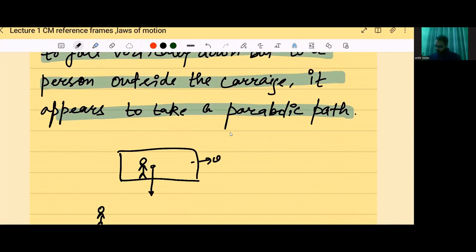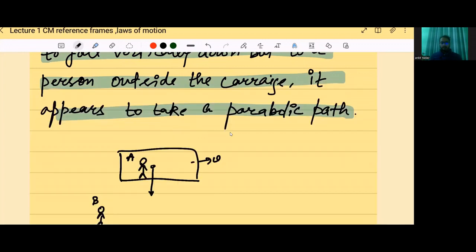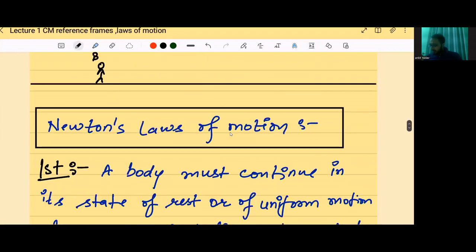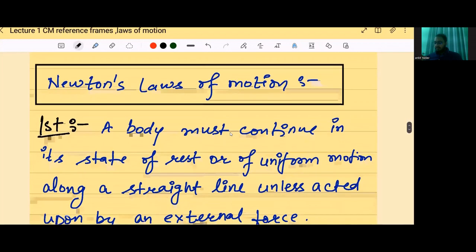If person A drops a ball, then the path of the ball will appear different to person A and person B. To person A it will seem that the ball is falling in a straight line, but to person B it will appear that the ball is falling in a parabolic path. Now moving ahead, this is all about frames of reference.